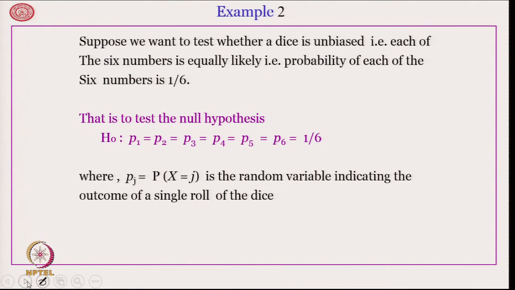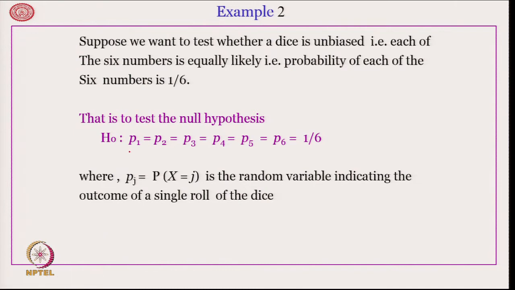Let me give you another example. Suppose we want to test whether a dice is unbiased, that is, each of the 6 faces of the die will have equal probability.